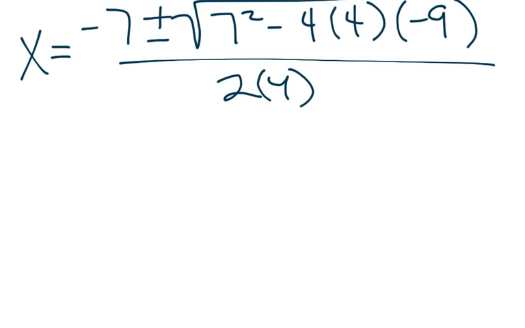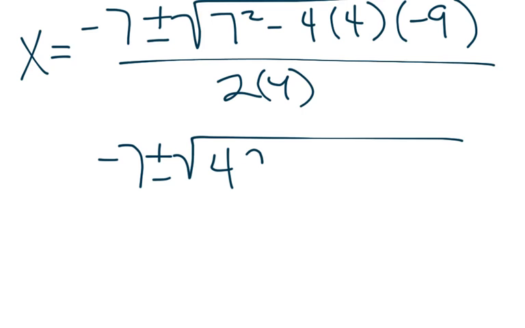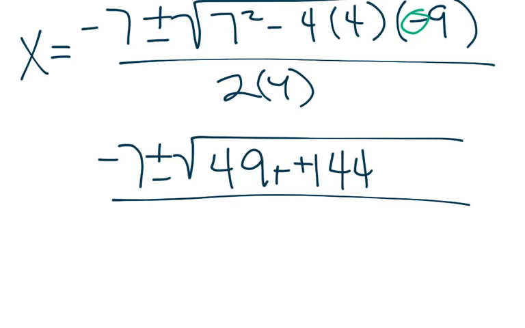So we have negative 7 plus or minus the square root of 49 minus 4 times 4 times 9, which is 144, or negative 144, since this is negative. So since we are subtracting a negative, we're really adding, over 2 times 4, which is 8.